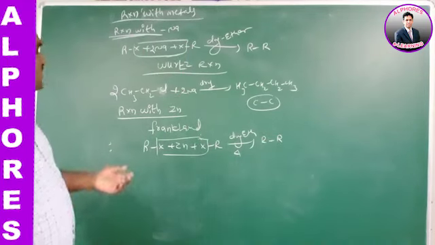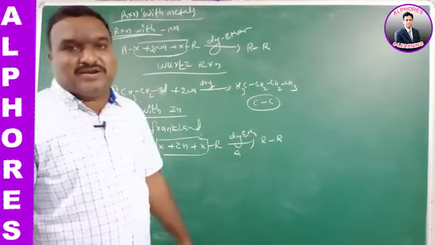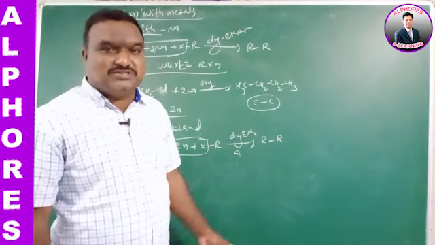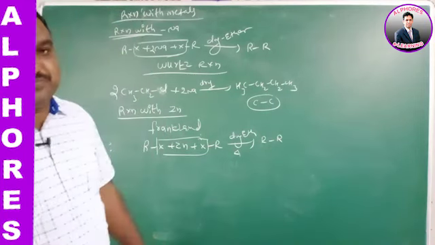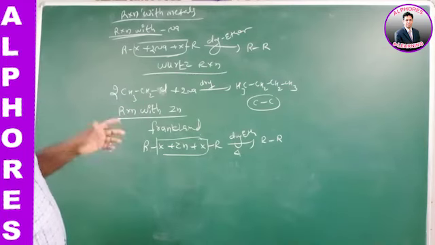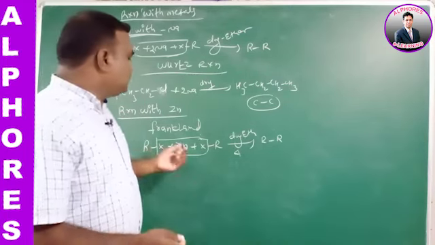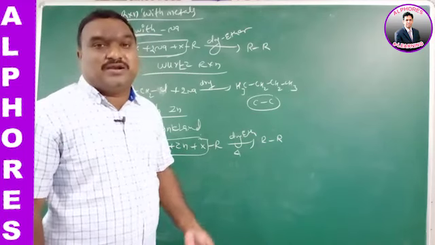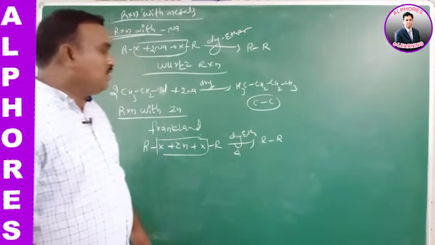The type of reaction is generally called what? Franklin reaction. A preparation method of alkanes here, similar to the Wurtz reaction. What is the difference between them? Sodium is given in the Wurtz reaction, zinc is given in the Franklin reaction.